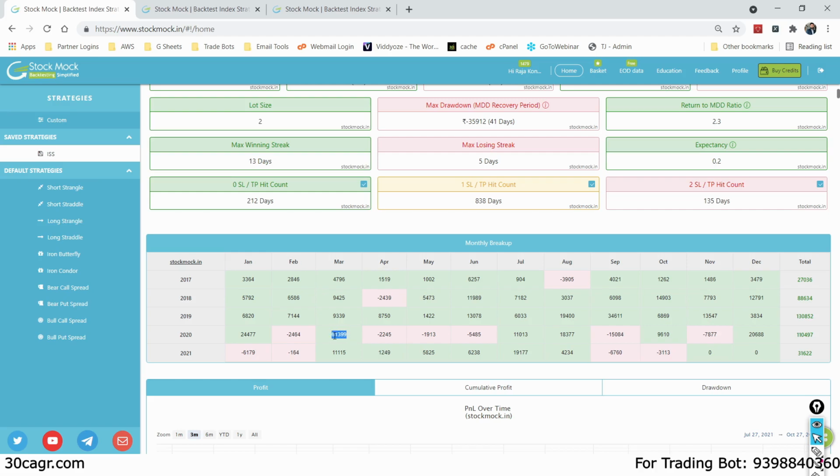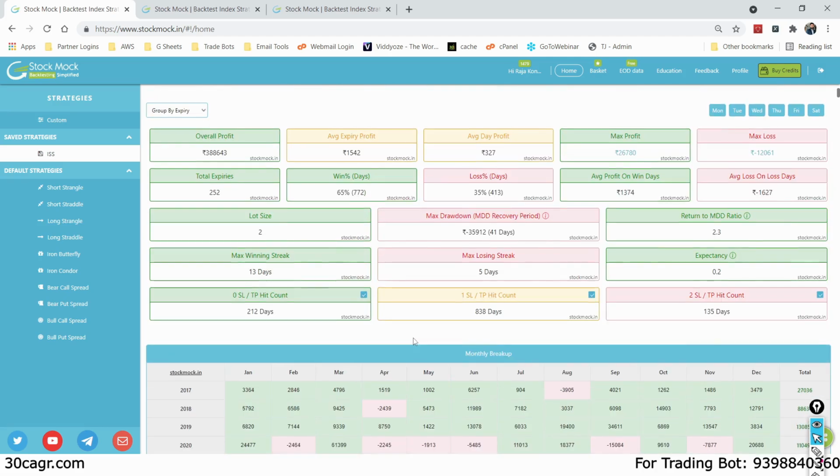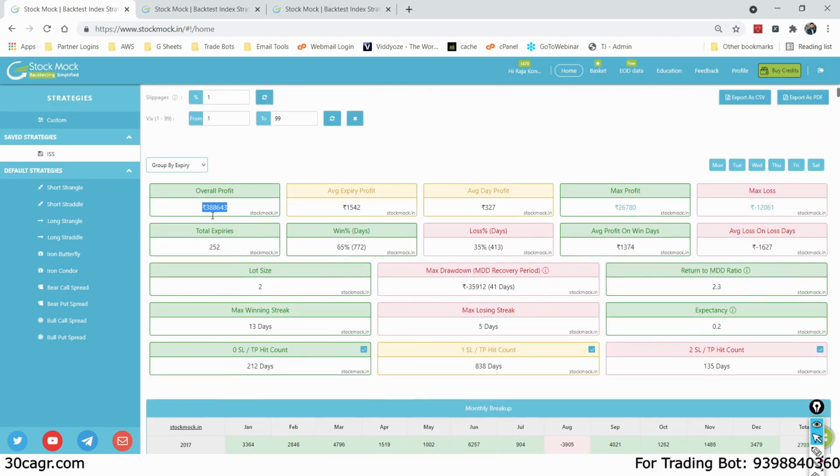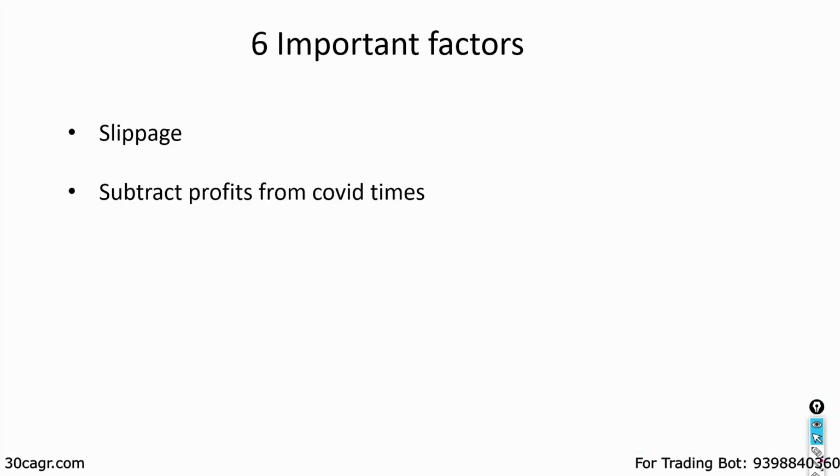So maybe out of the 60,000, we can deduct 50,000, which makes the overall profit 3 lakh 38,000, right? Or 3 lakh 40,000. So for 4.5 years, your actual profit is 3 lakh 40,000. This is the profit that you are going to get in your account. Be prepared for it. Have your expectations clear, and you will not be disappointed during real time trading.